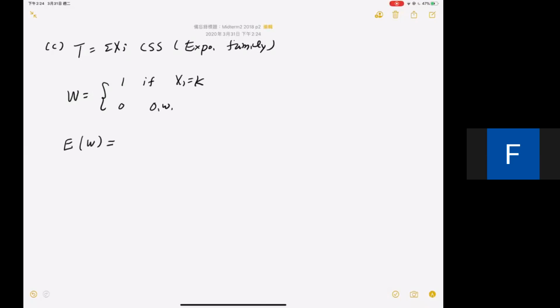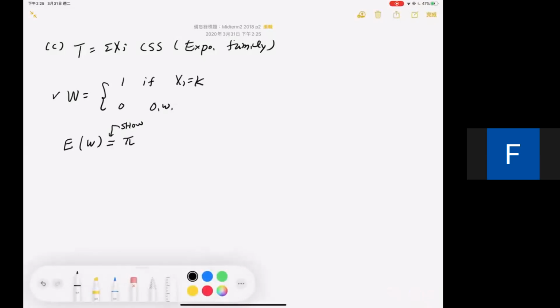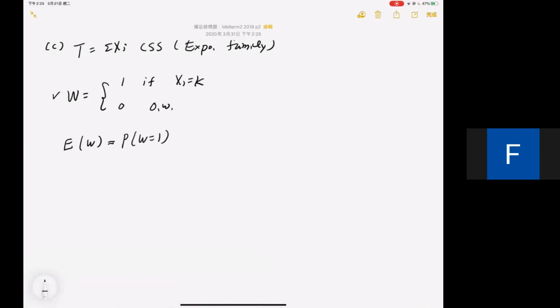To show unbiased, just put down expectation onto the random variable and show that eventually it's pi, right? Indicator variable, expectation is what? Nothing but probability. We also see that multiple times as well. Keep in mind expectation of a binary random variable is nothing but the probability of W equals to 1.